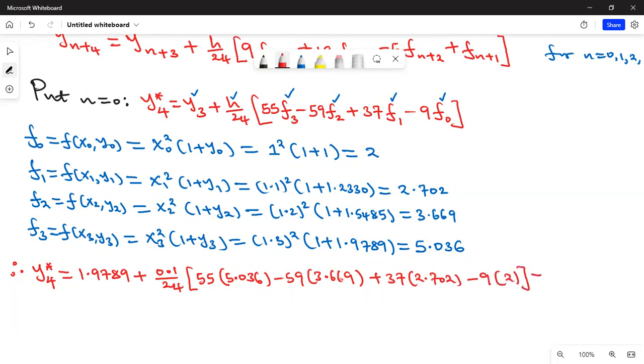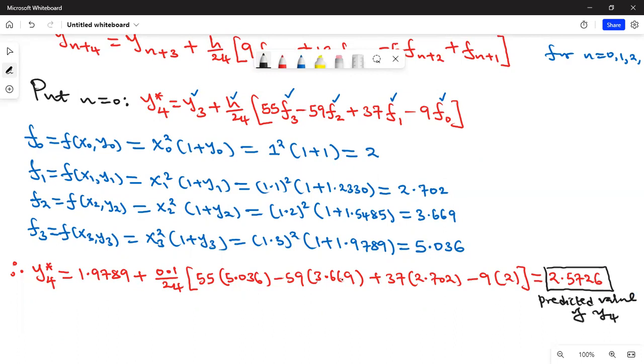Press this in your calculator. You need to get Y4 star equal to 2.5726. So this is the predicted value of Y4. So I'll comment on this and you write predicted value of Y4.